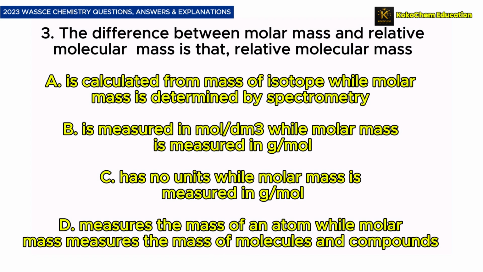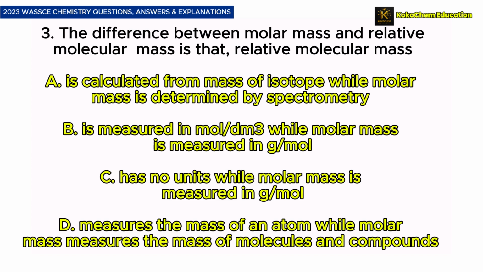Question 3. The difference between molar mass and relative molecular mass is that A. relative molecular mass is calculated from the mass of isotopes, while molar mass is determined by spectrometry.